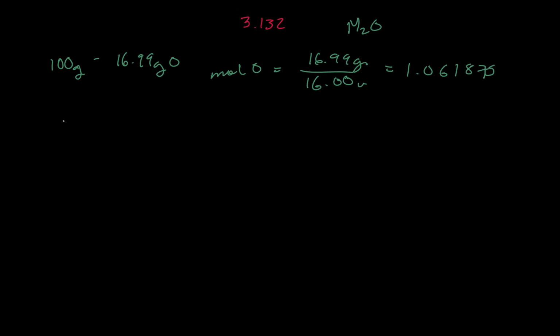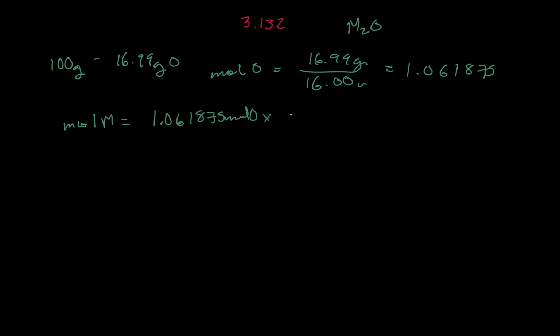So moles of M equals, we can do it like this if you want. 1.061875 moles. I think he multiplies. I'm trying to remember how Dr. Shepard sets these up.